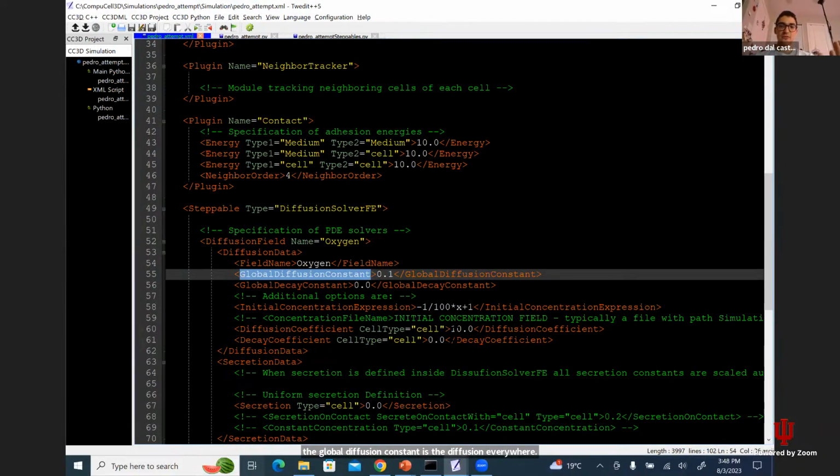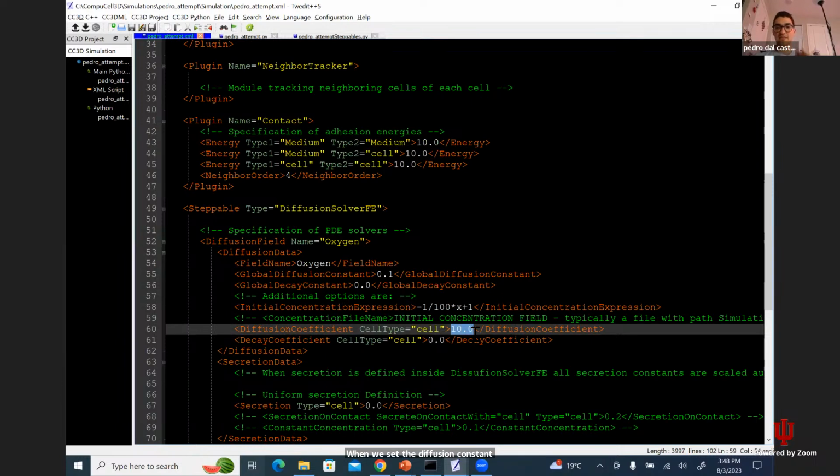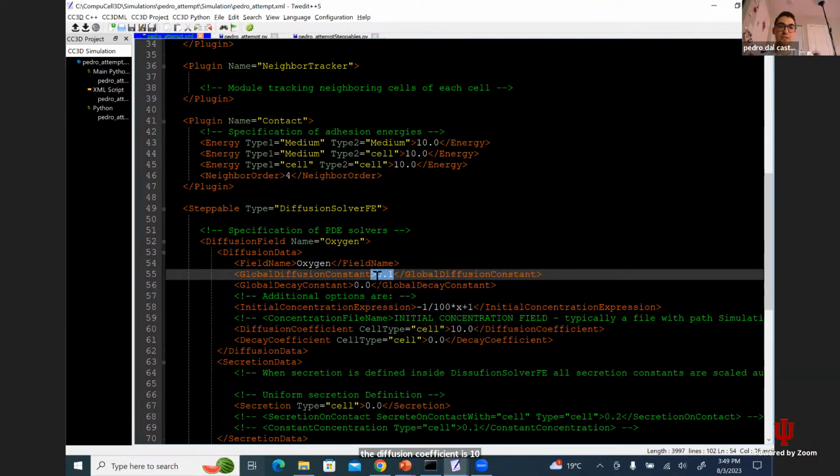When we set the diffusion constant specifically for the cell type we want, it will overwrite the global diffusion constant in that particular space, in that particular position. So in all sites where we have the cell type cell, the diffusion coefficient is 10 instead of 0.1.